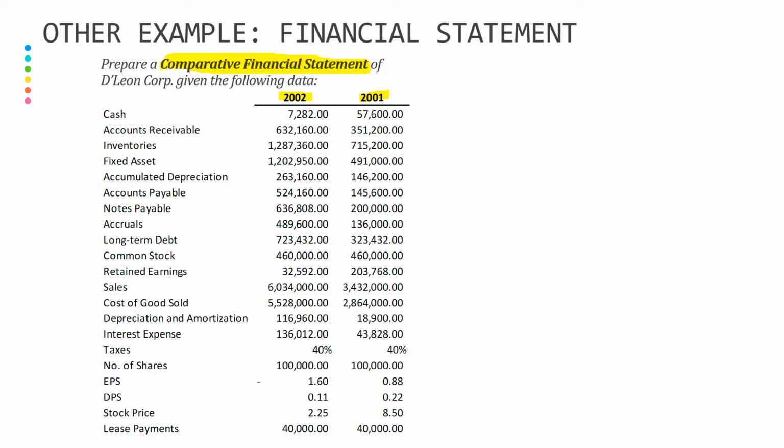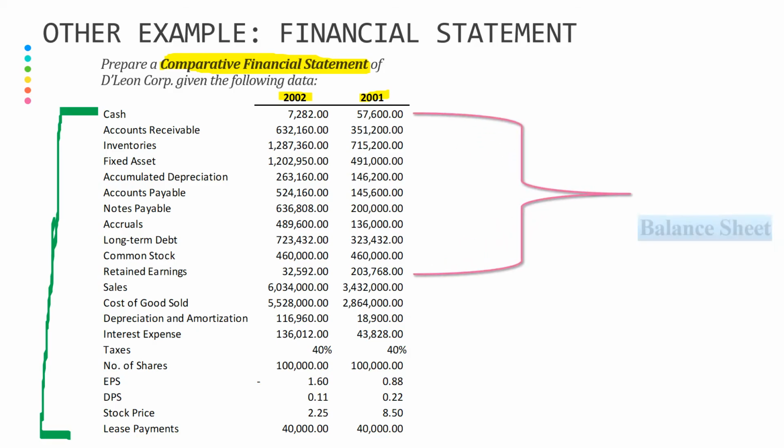Before anything else, we shall first identify what financial statement they're included in. These accounts could be part of either the balance sheet or the income statement. First, the balance sheet includes here from cash up to the retained earnings.